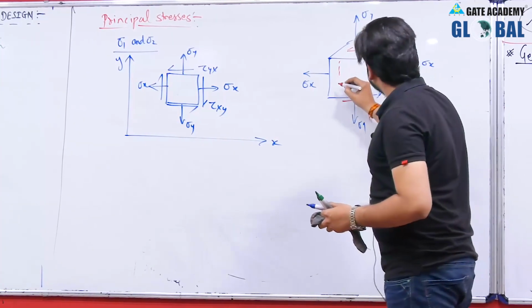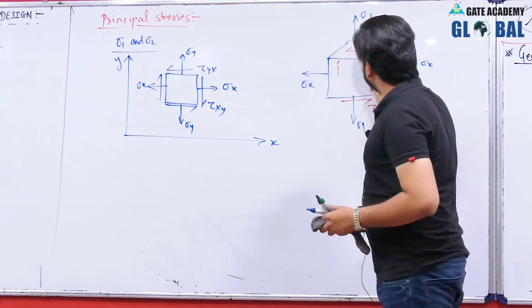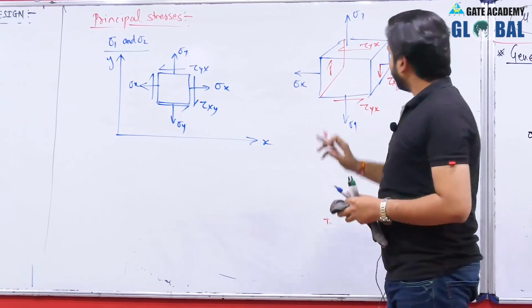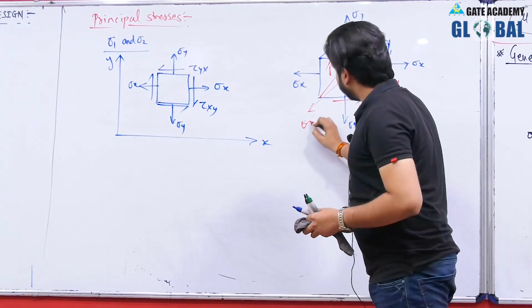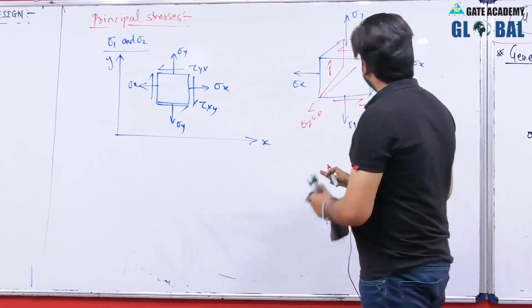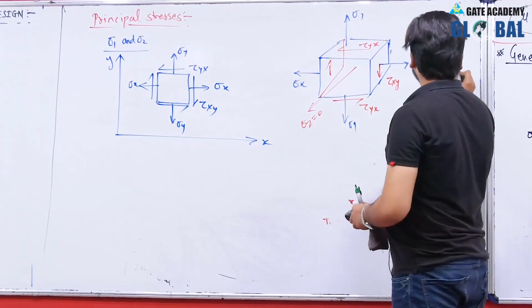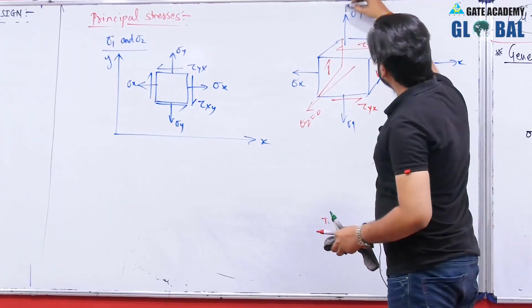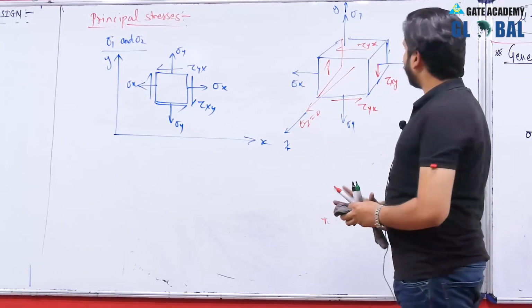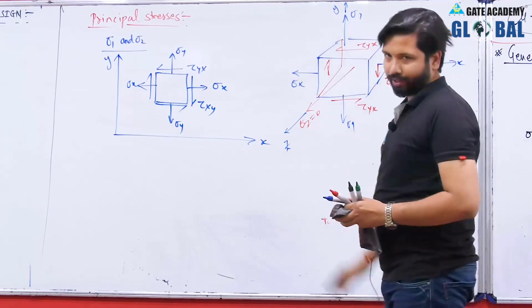And here there will also be a shear stress in this surface. Now, the stress along the third direction, that is z direction, is equal to 0. So, here we have 3 axes. This is the x direction, this is the y direction, and this is the z direction, and you have drawn the element in xy plane only.